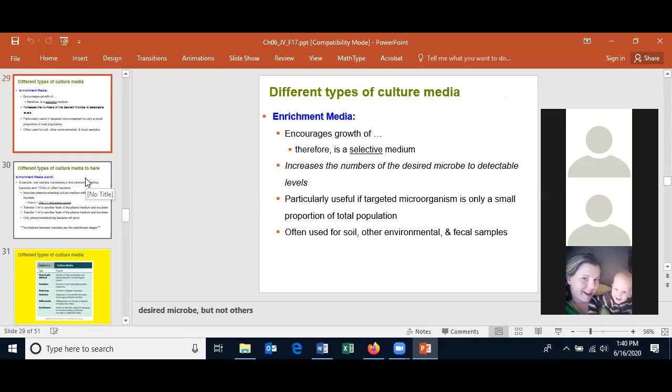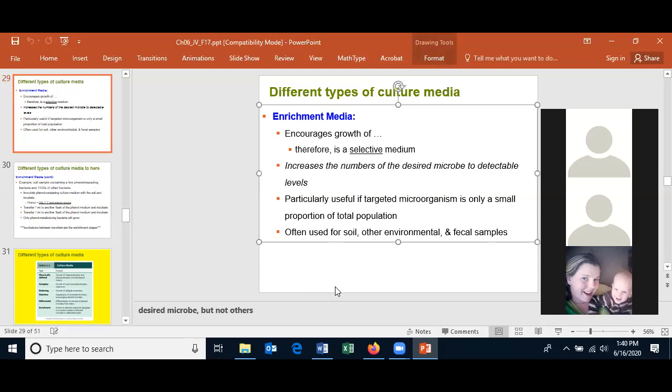As I was saying last time, it's a media we use to enrich for specific organisms. And I think I was talking about that what you can do is you can line up several of them. So if you have one tube here, you put your culture into that, and then you let it grow for a while and it enriches, and then you take it out of that culture and put it into the next tube, which will be the same enrichment media, and that'll further enrich, and you can keep doing that a couple of times.